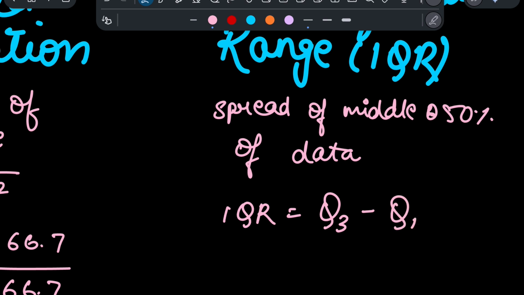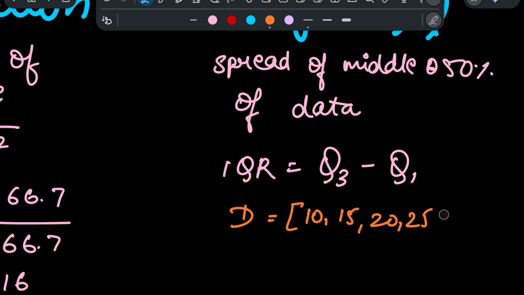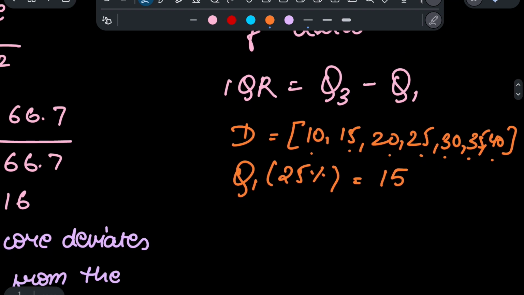For example, we have a data set in which we have values like 10, 15, 20, 25, 30, 35, and let's say till 40. Our Q1, which is the 25%, would be 15, because there are 7 values. Our Q3, which is the 75%, would be 35.